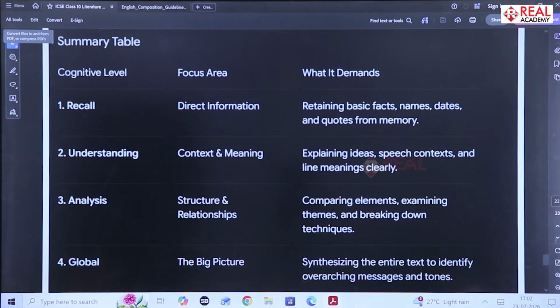This is the summary table of what I have discussed so far: recall, understanding, analysis, and global. Just go through it. This is the same pattern which will be followed in the examination paper to set the questions for you.